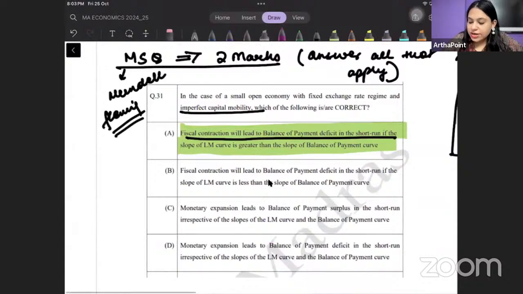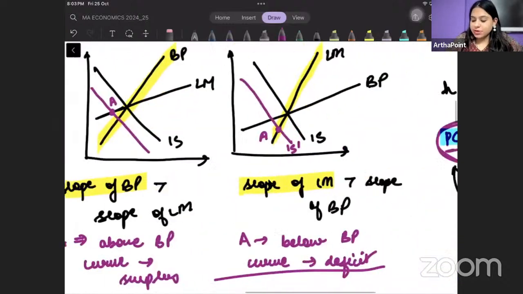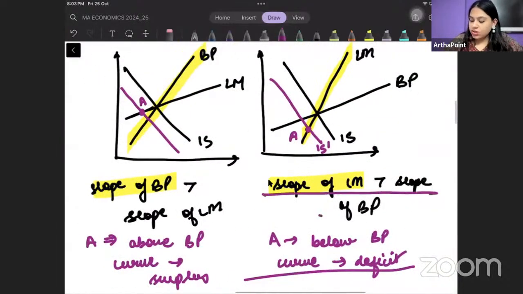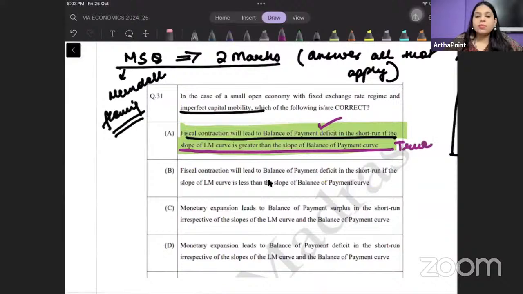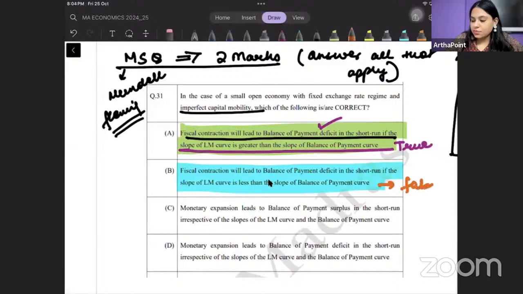Fiscal contraction will lead to balance of payment deficit if slope of LM is more than slope of BP. Slope of LM more than slope of BP, deficit. Correct statement. True. Fiscal contraction will lead to deficit if slope of LM is less than slope of BP. ये तो A का opposite है, so it will be false automatically.